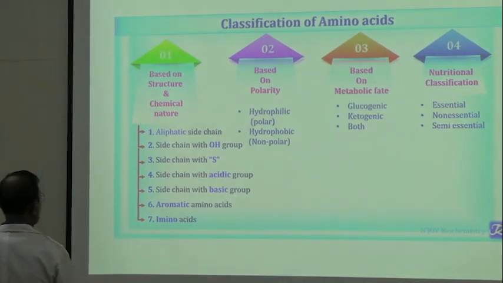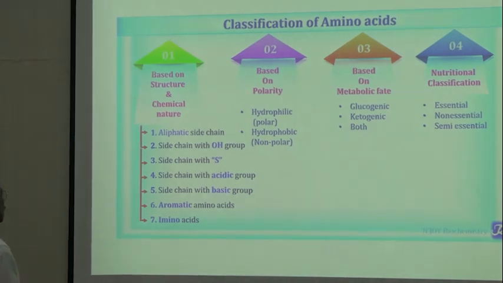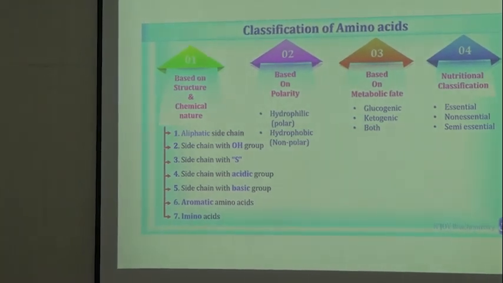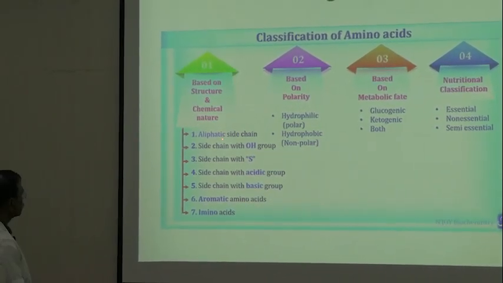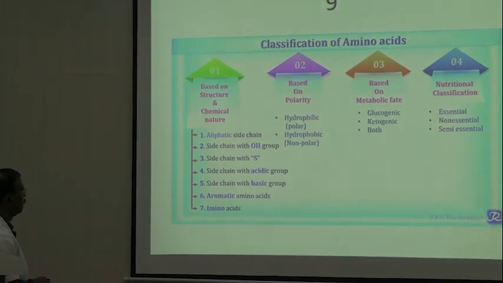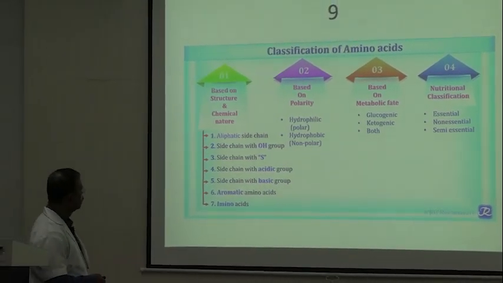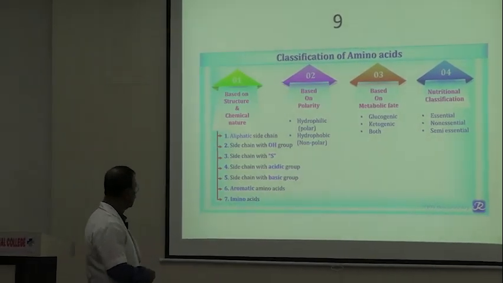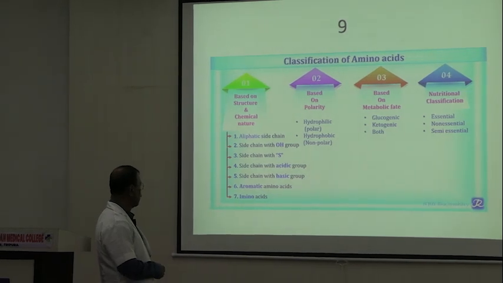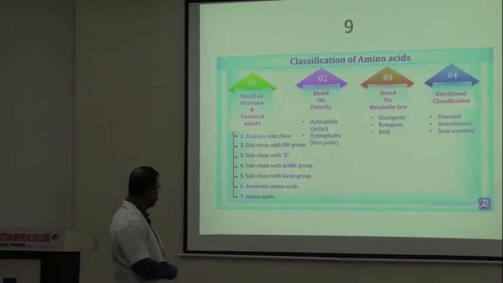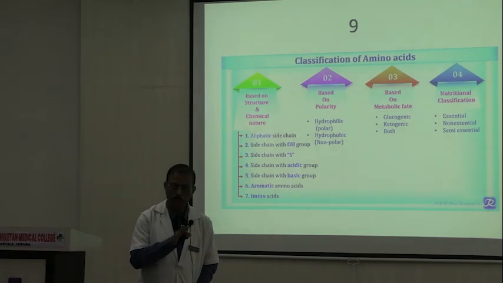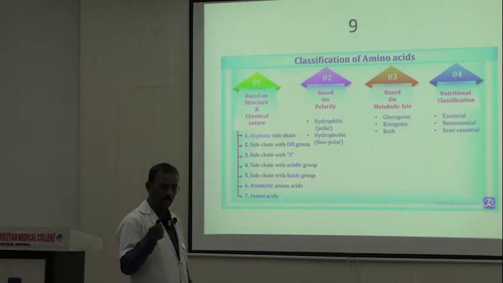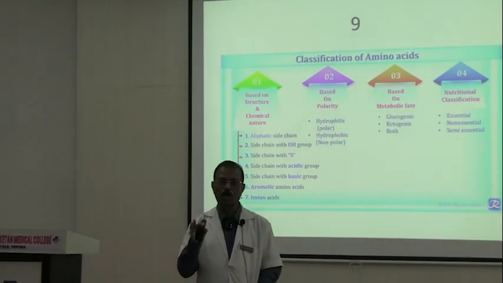Now, further classification of amino acids based on chemical nature and structure: they are aliphatic, having an aliphatic side chain, with hydroxyl group, side chain with sulfur group, side chain with acidic group, side chain with basic group. Then aromatic amino acids and imino acid. From this classification you will get a short note, definitely. So just try to remember, there is not much to understand.